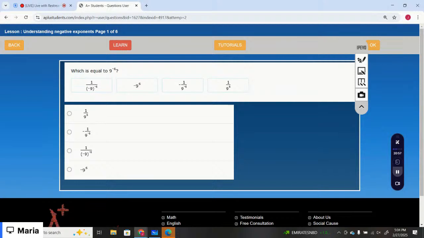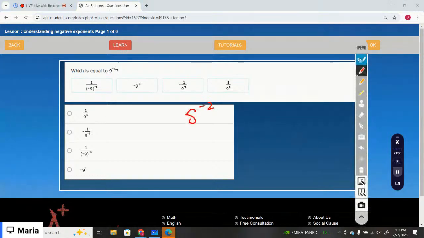Which is equal to 9 exponent negative 6? So we have to see which one is equal to 9 exponent negative 6. Basically, if you are given the exponent x negative n, you can write it in the denominator of the one. Same way you can go the opposite way. If you are given the negative exponent, you can make it positive by writing it in the denominator of the one, that is x negative n equals 1 divided by x to the n.